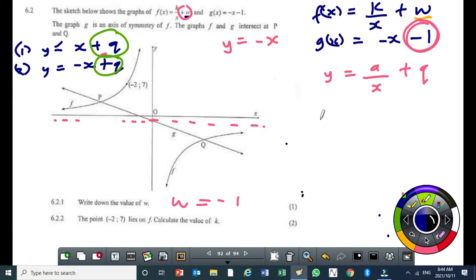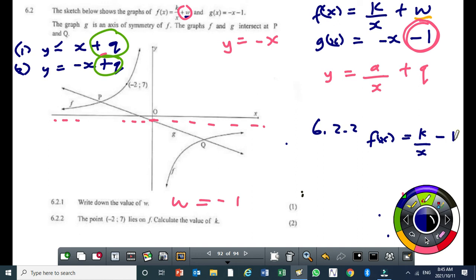So f of x is equal to k over x minus 1. By inspection, before you do any calculation, you should have an idea whether k is supposed to be positive or negative. I want someone at the back to tell us whether k will be negative or positive.